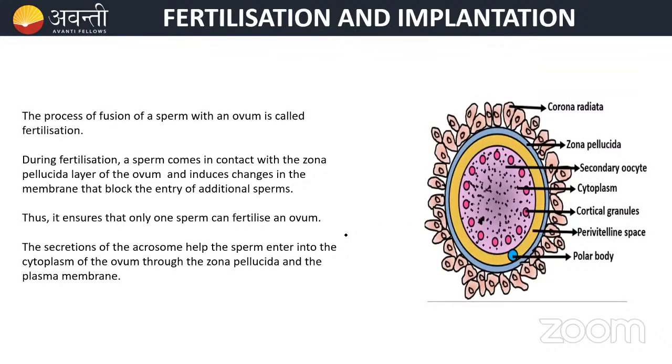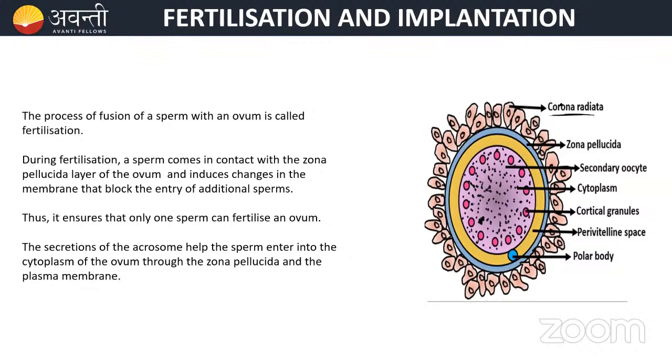Now let's come to the next topic, which is fertilization and implantation. Before I proceed with fertilization, I want to discuss the structure of the secondary oocyte. The cells which are present outside the zona pellucida are known as the corona radiata.